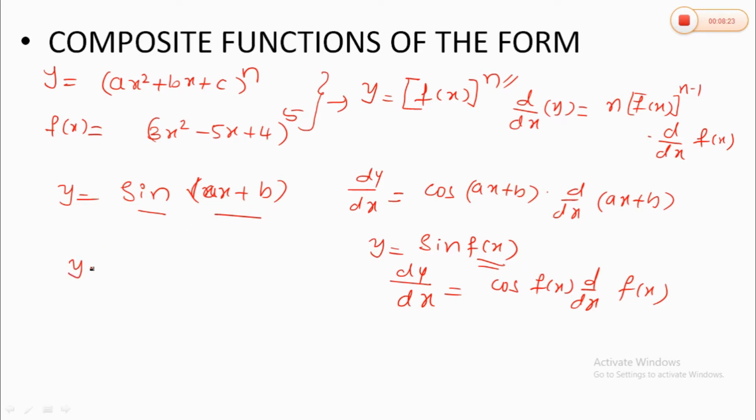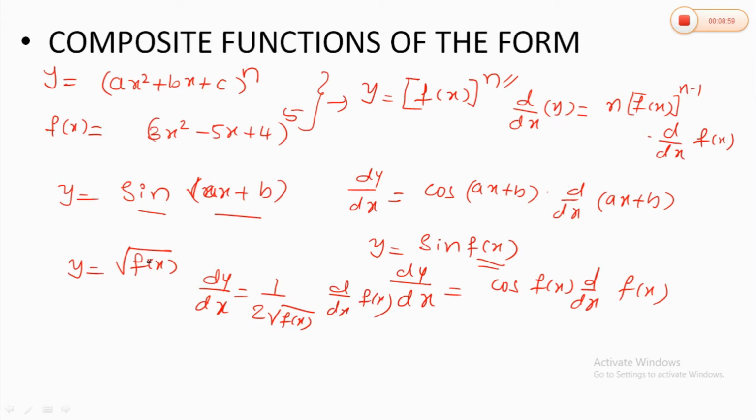Similarly, y equals root f(x). This is nothing but the form y equals (ax square plus bx plus c) raised to n. Since it is a standard form, the derivative dy by dx of root f(x) is 1 upon 2 root f(x), times dy by dx of f(x).